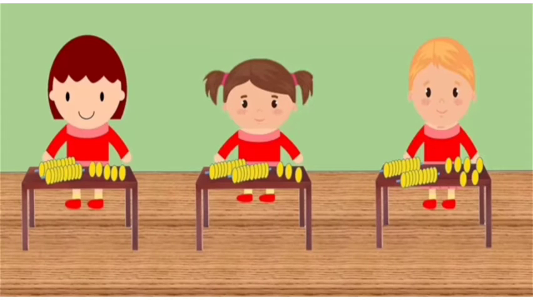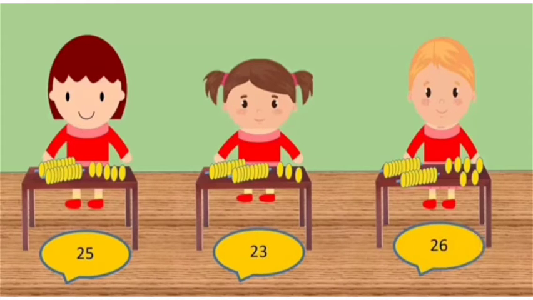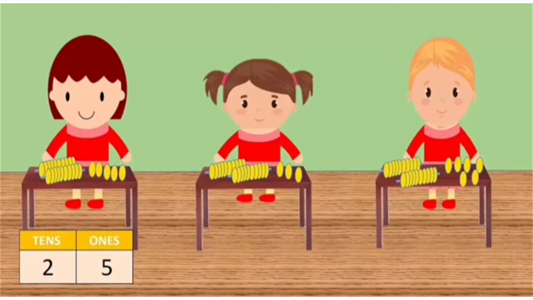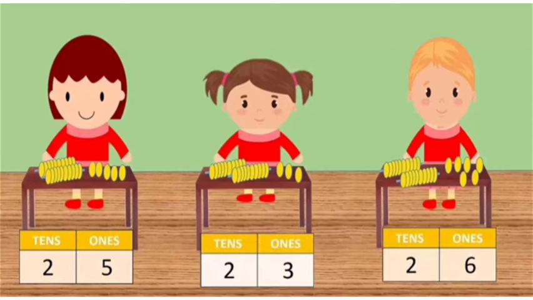Now, let us compare the numbers whose tens place are equal and ones place are different. 25, 23, 26. Here, all numbers have 2 tens.